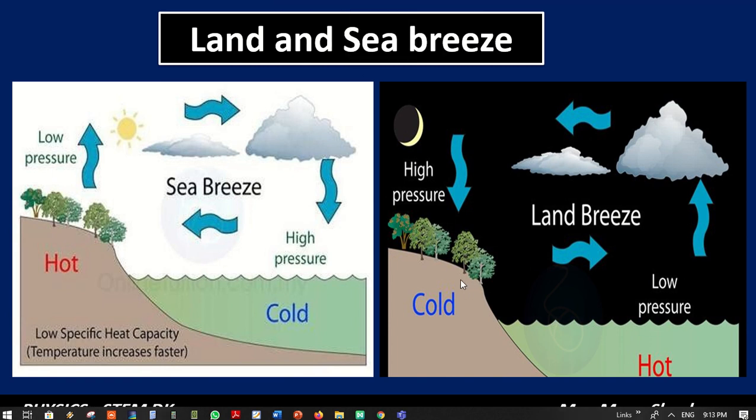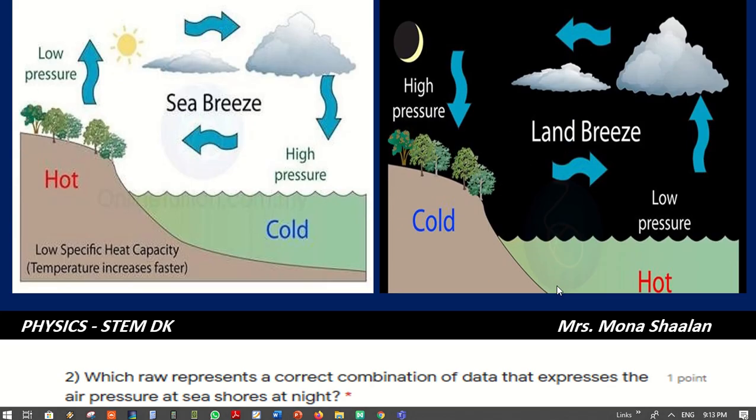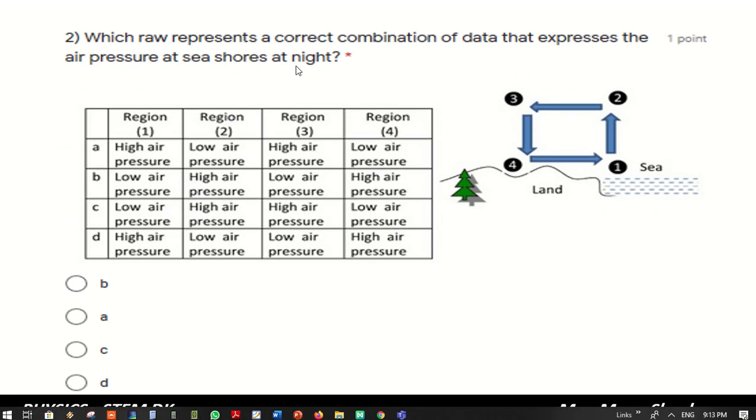During the night, the current moves from the colder land at high pressure to the hot waters at low pressure, and that forms a land breeze. So the answer at night: region 1 will be at low pressure, region 2 high, region 3 low, and region 4 at high pressure, the colder surface.